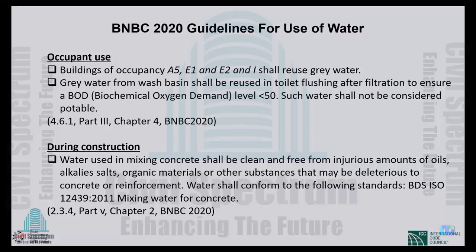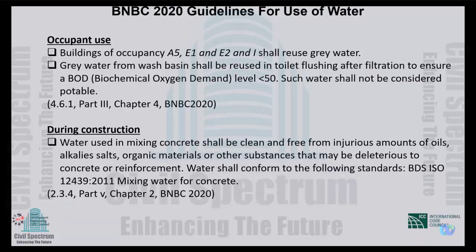And during construction, BNBC says to have water clean and free from injurious amounts of oils, alkali, salts, and other things. The standard you have to follow is BDS ISO 12439:2011 for mixing water for concrete. You will find that in Part 5, Chapter 2, 2.3.4, BNBC 2020.